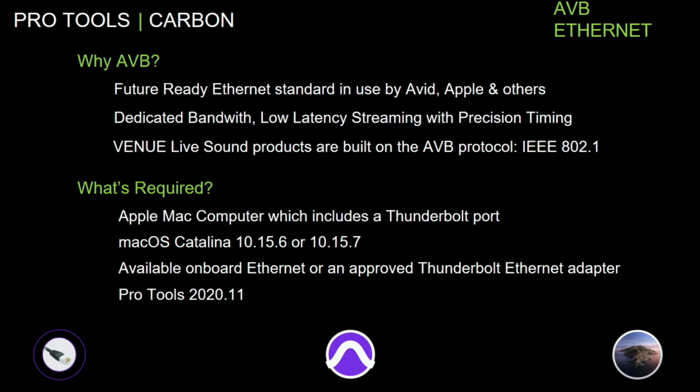So as well as support for Carbon, it has many other new features. Including a new dark theme. So this gives Pro Tools a more modern, darker look. 2020.11 also has lots of other features.